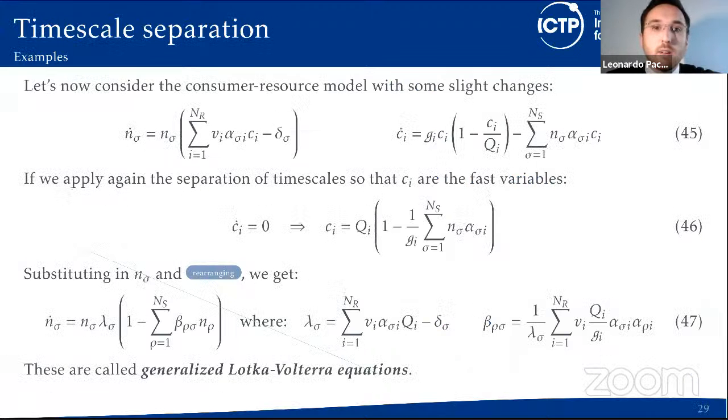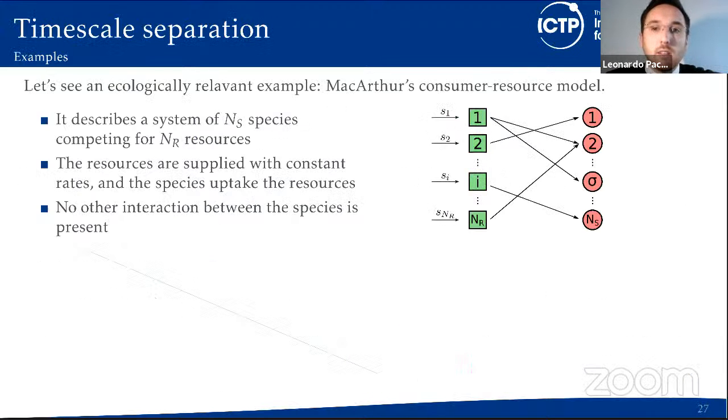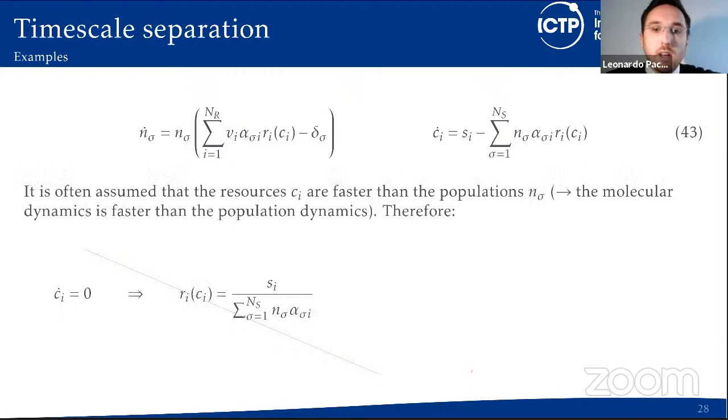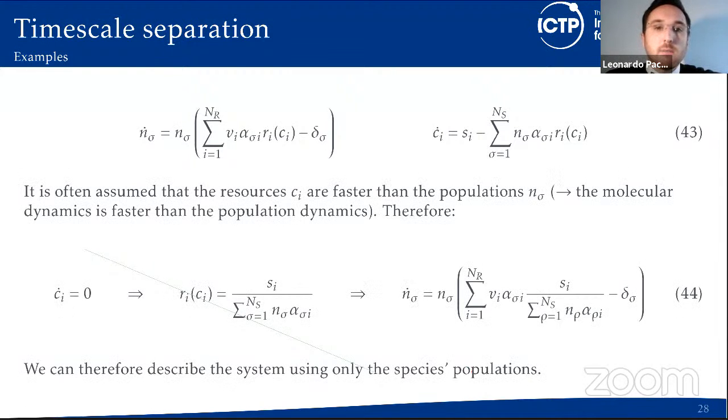So assume, for example, that we have a system with 80 species and 50 resources. These are large numbers, but if you compare them with what you can see in natural microbial communities, these are not so large numbers. So if we have 80 equations here and 50 equations here, without timescale separation, you would have to solve 130 different nonlinear differential equations.